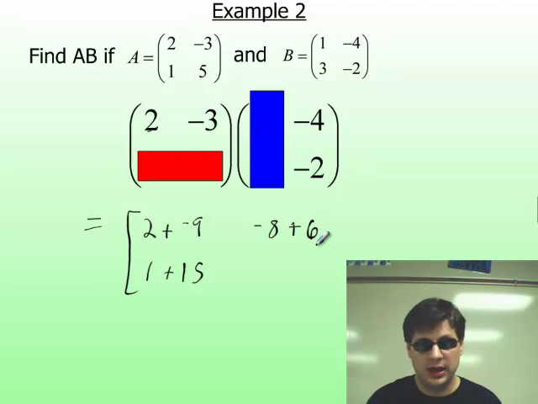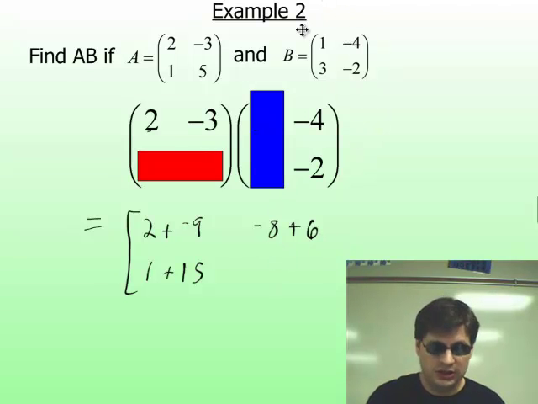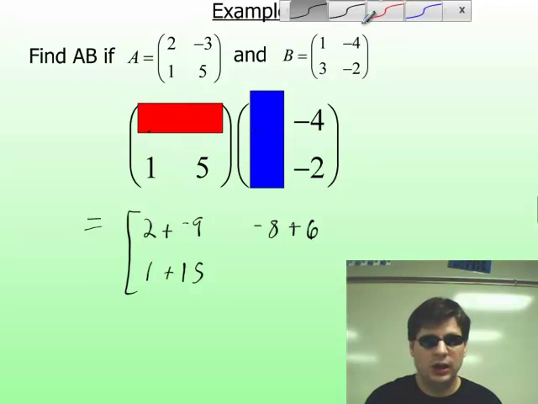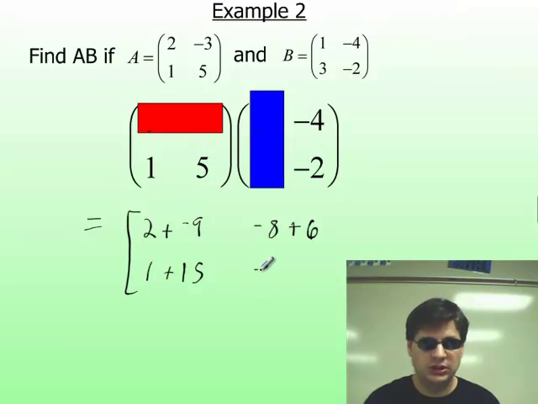So we have negative 8 plus 6. And then I'm going to do the second row in our first matrix. And then we're going to say 1 times negative 4, which gives us negative 4. And then 5 times negative 2, which is going to give us negative 10.